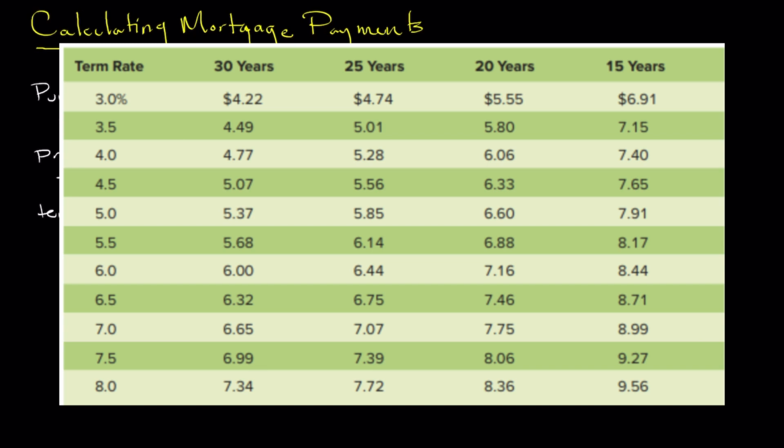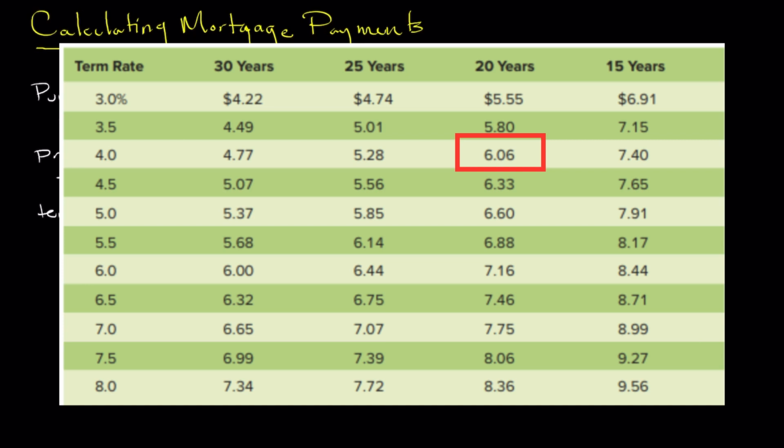So moving to the first row, we would try to identify our term, which is 20 years. So that would be the second column from the right. And then we're going to go all the way down until we get to the row that has our 4% term rate. And so really our mortgage payment factor is going to be 6.06.